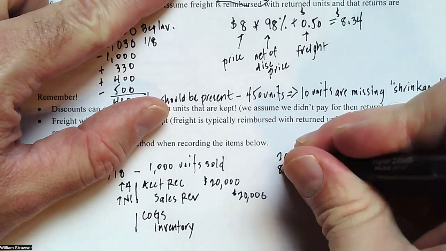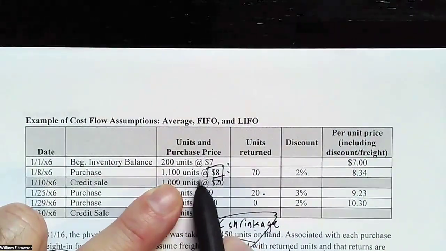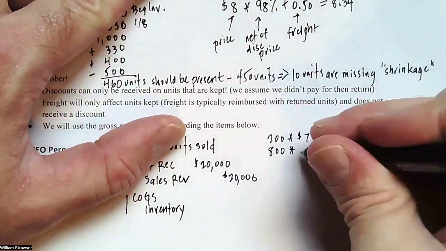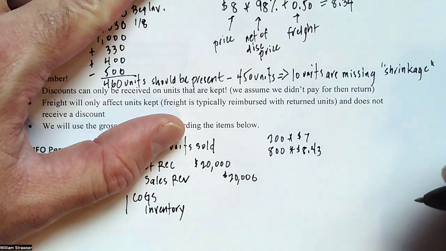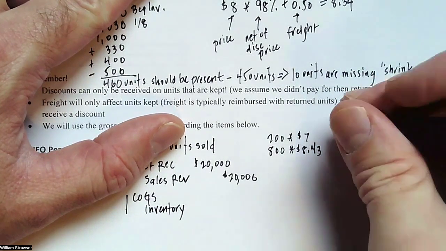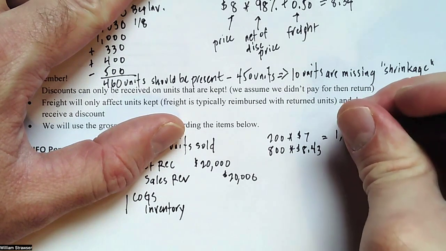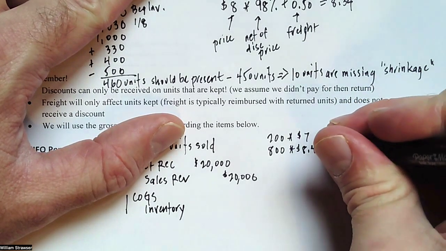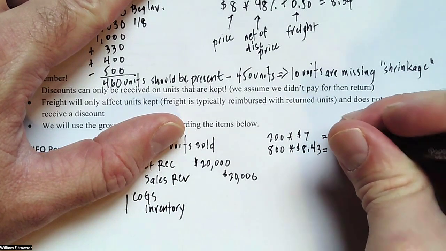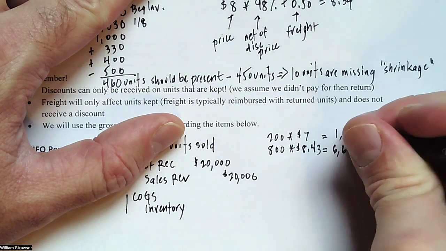So that leaves 800 more that I have to account for. And I'm going to pull those 800 from this layer right here, $8.43 each. And if I do the math on those, the first comes out to $1,400 and the next comes out to 6,672.